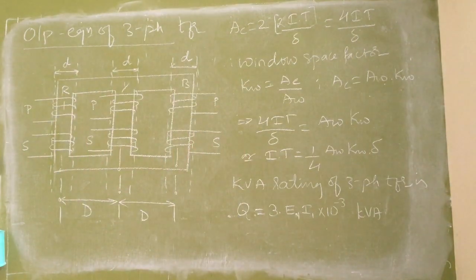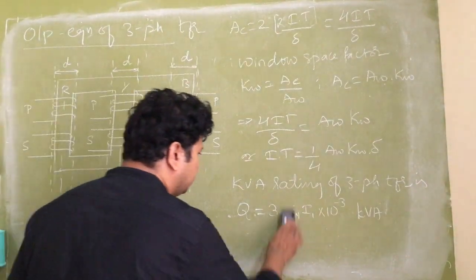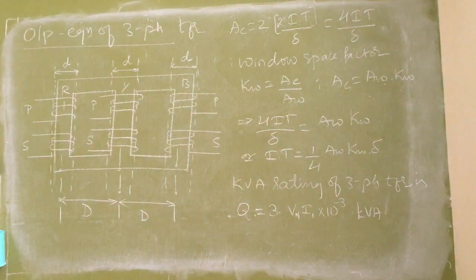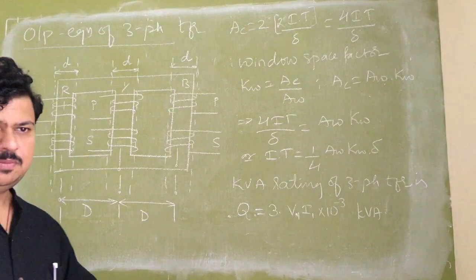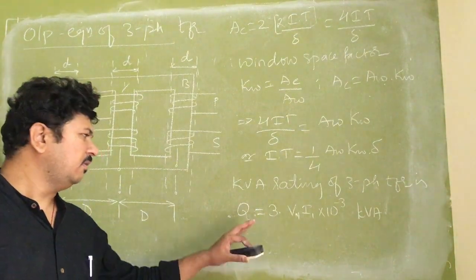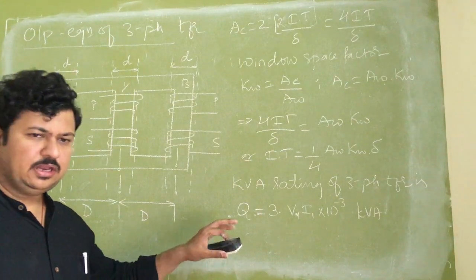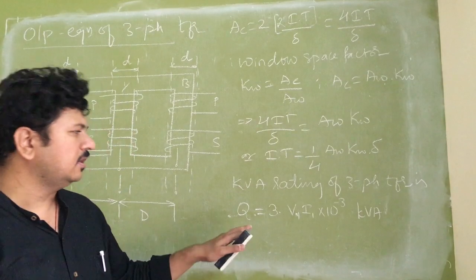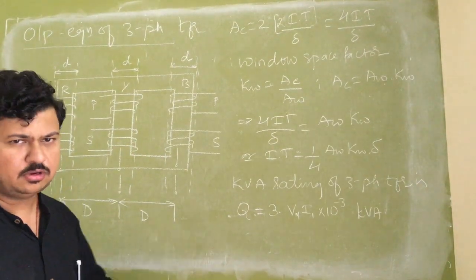Okay, so E1 is per phase voltage, and I1, or you can take V1, 3 V1 I1 into 10 to the power minus 3, where V1 is voltage per phase, I1 is current per phase. Okay, so V1 I1 gives us the volt amperes per phase multiplied by 3 phase, because power is a scalar. So for any number of phases, I multiply the number of phases by the per phase power, and I will get 3 phase power or 2 phase power or total power.